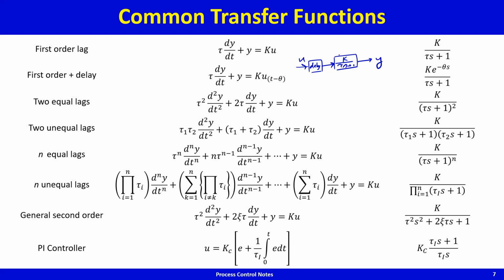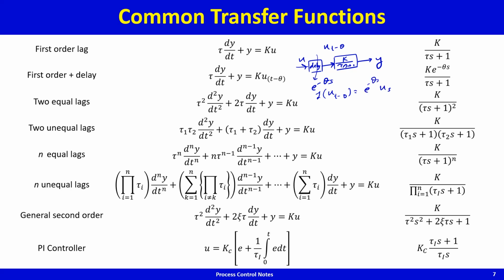This is u, delayed by theta, and so this block must be e to the power minus theta s, because the Laplace transform of u of t minus theta is equal to the Laplace transform of u times e to the power minus theta s.